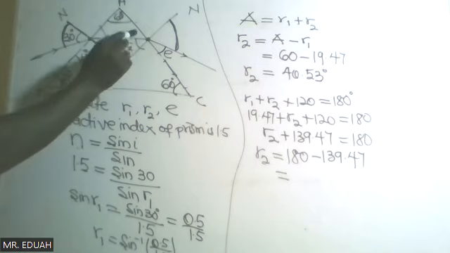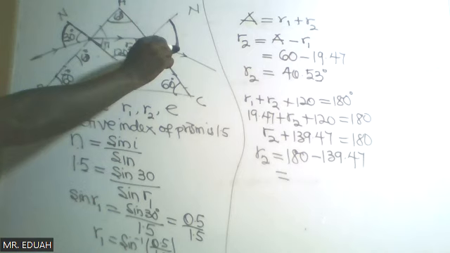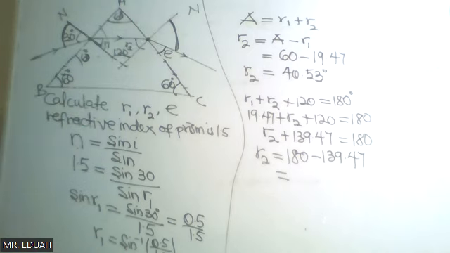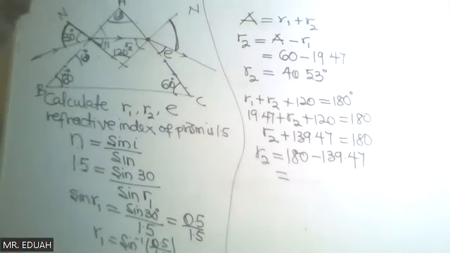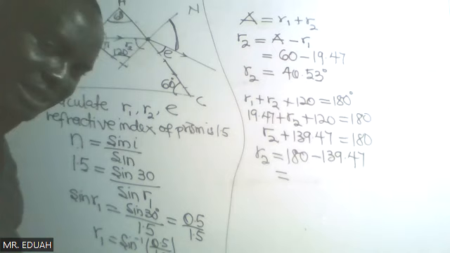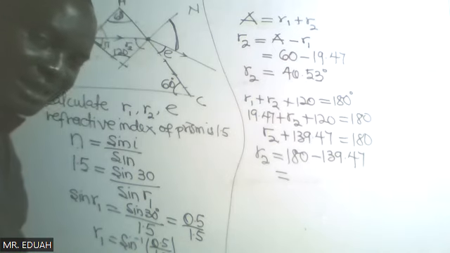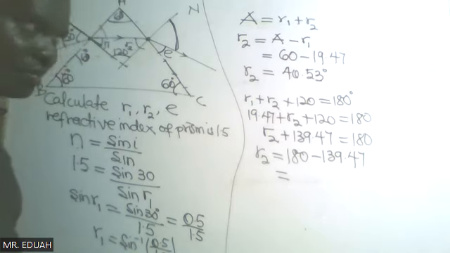What you are talking about is R2. What's the name of this angle? The second. You've forgotten. What's the name of this angle? Angle of emergence. Angle of emergence. Don't you know this?